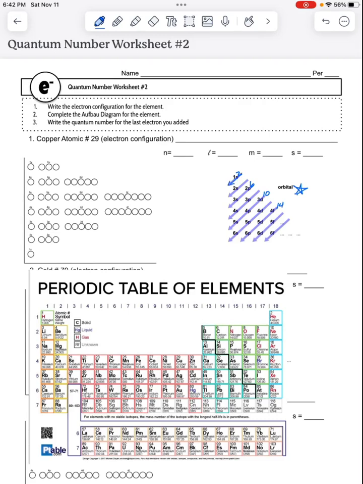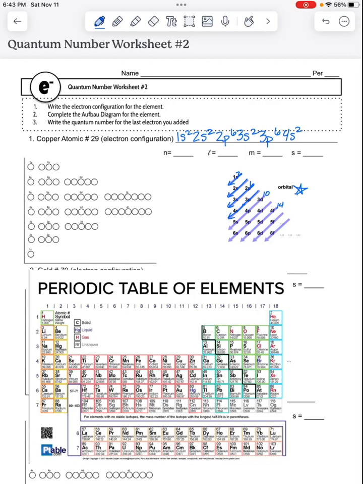So I'm going to start with 1s2 until I run out of electrons, 2s2, 2p6, and then 3s2. And then I'm going to fill 3p with 6, and I'm going to fill 4s with 2.